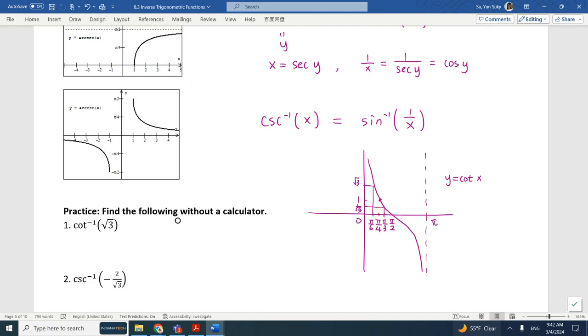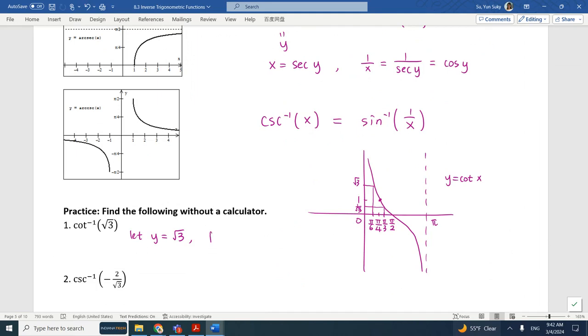Now, we let y equal square root of 3. So what is the x value?